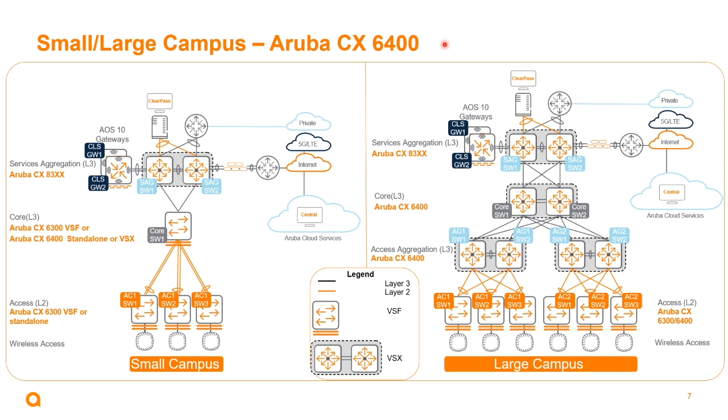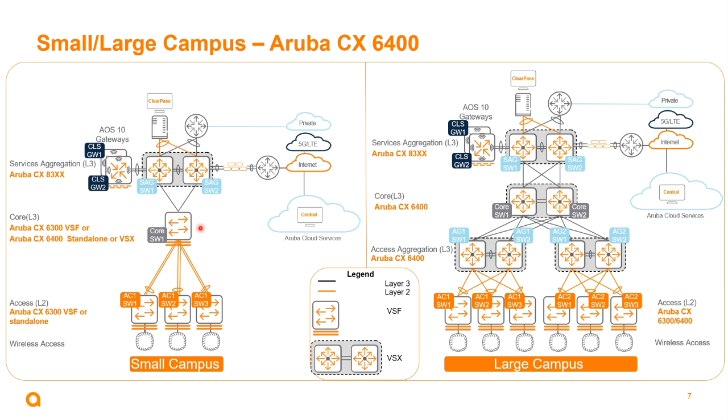Let's look at some of the use cases when we could position the 6400 V2. So initially, let's look at a small campus on the left. In this small campus, we have a core switch which is currently shown in VSF, virtual switching framework, and this could be a 6300.